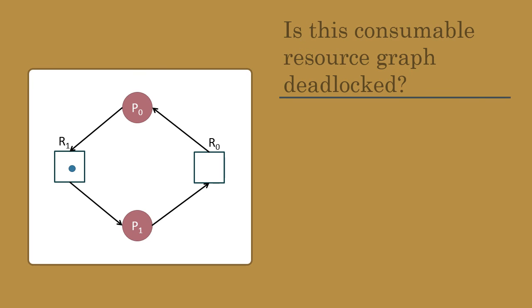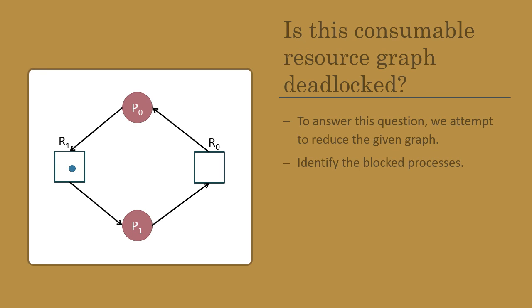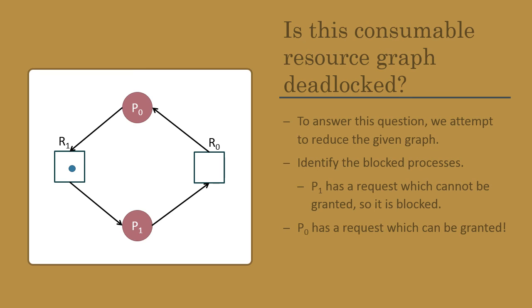Is this consumable resource graph deadlocked? To answer this question, we attempt to reduce the given graph. Identify the blocked processes. P1 has a request which cannot be granted, so it is blocked. P0 has a request which can be granted.